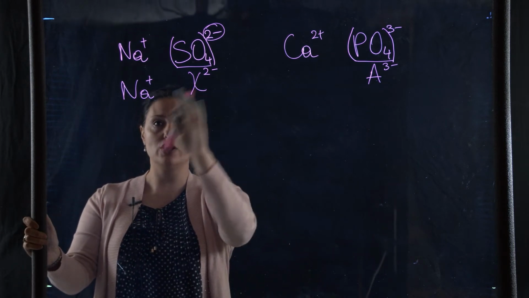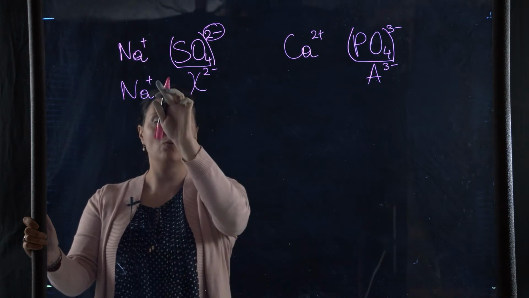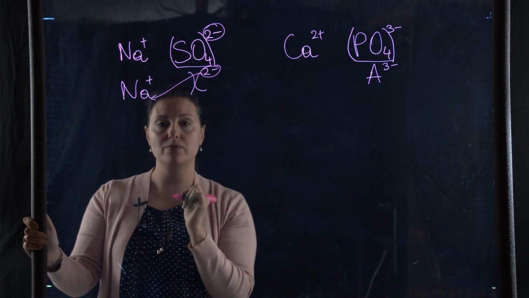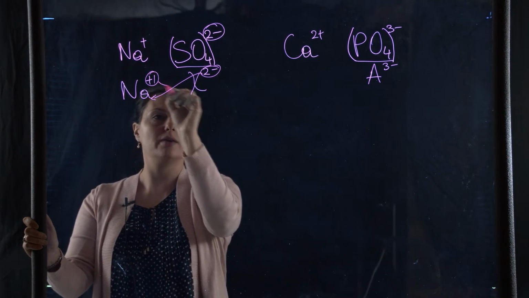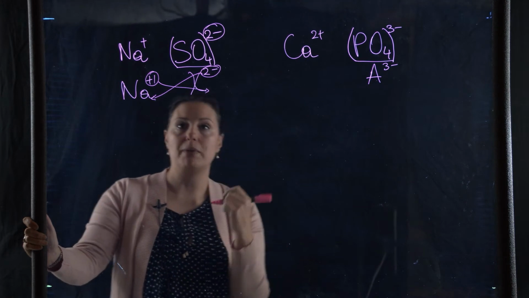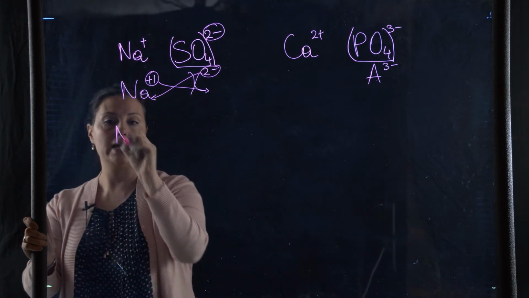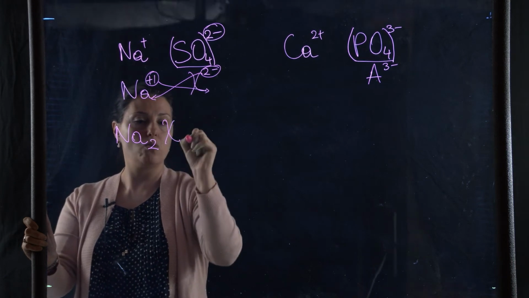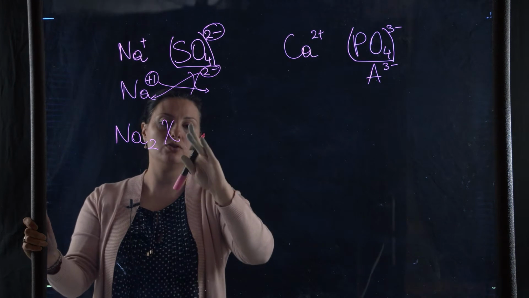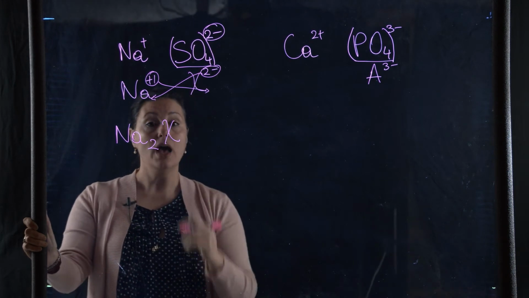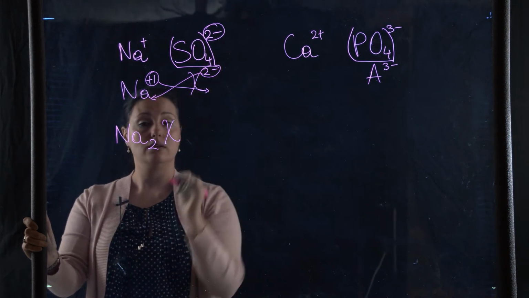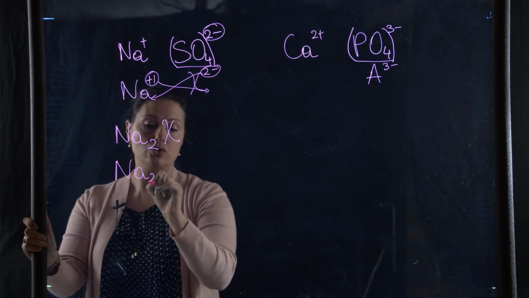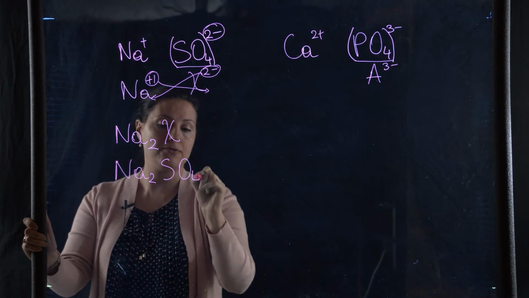I have a 2- charge here and a +1 charge here. So if I take that charge and bring it down here as a subscript for sodium, and take this charge and bring it down here as a subscript for my X, I would have Na2X1, but I don't really write the 1, so it would just be Na2 and X. And now I can go back and put in my SO4, which I called X. So Na2SO4.